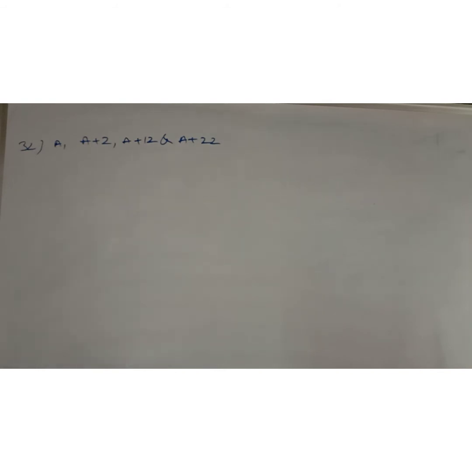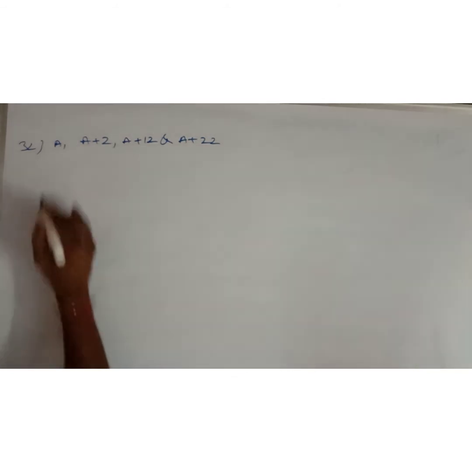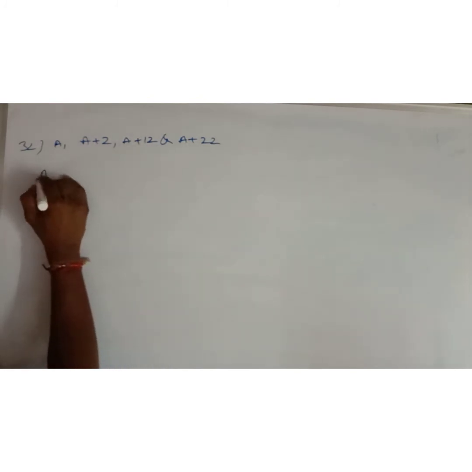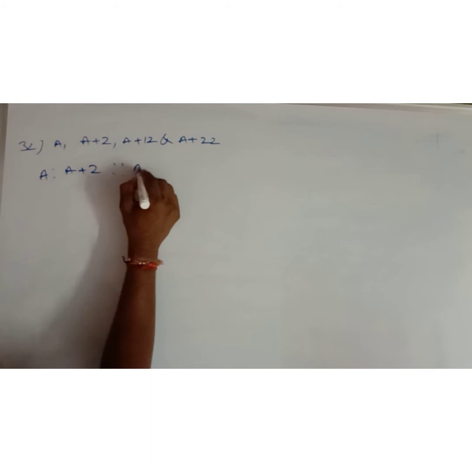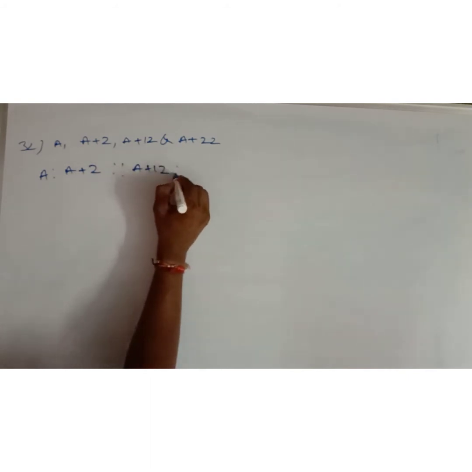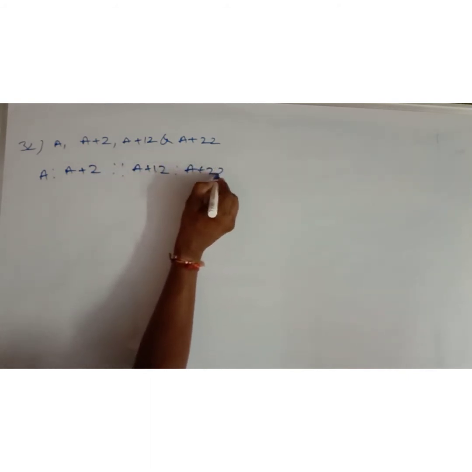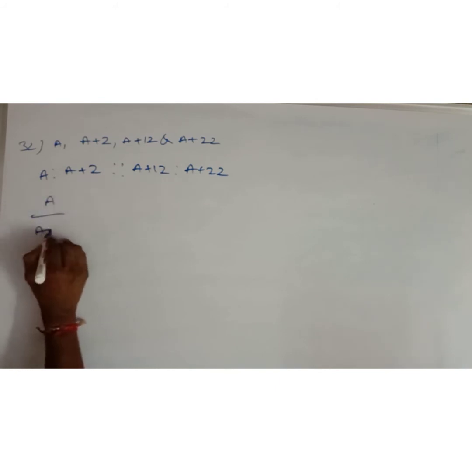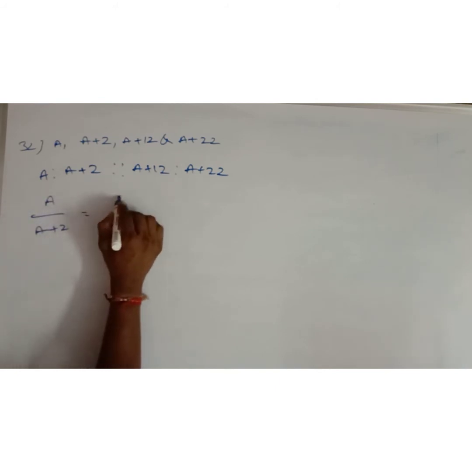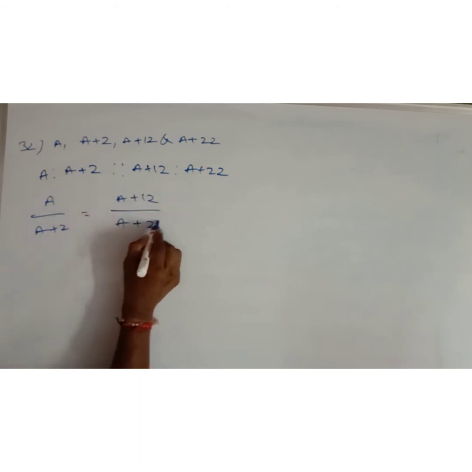Now these numbers I am changing into ratios: a is to a plus 2 proportionate to a plus 12 is to a plus 22. Now I am changing it into fractions. That is a by a plus 2 is equal to a plus 12 by a plus 22.